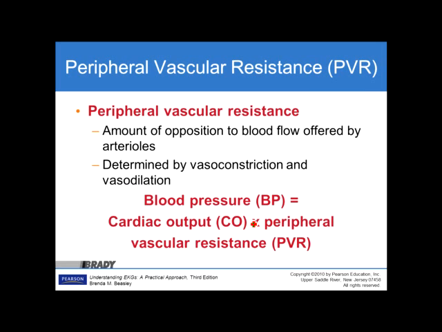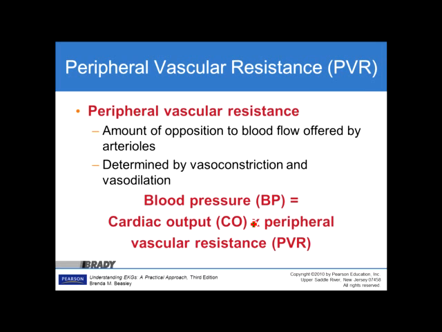Peripheral vascular resistance means the size of the vessels. Peripheral vascular resistance is the amount of opposition to blood flow offered by the arterioles, determined by vasoconstriction and vasodilation. Blood pressure equals cardiac output times peripheral vascular resistance.